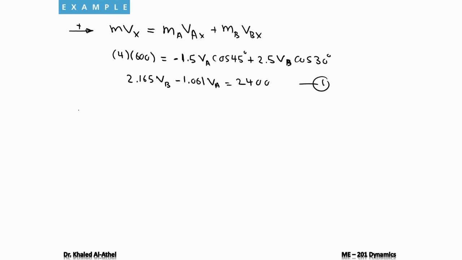Now I'm going to write the principle of conservation of momentum in the y-axis. Same thing, I'm going to have M Vy should equal MA VAY plus MB VBY. Now the projectile was moving only horizontally, so originally it had no velocity in the y-axis.